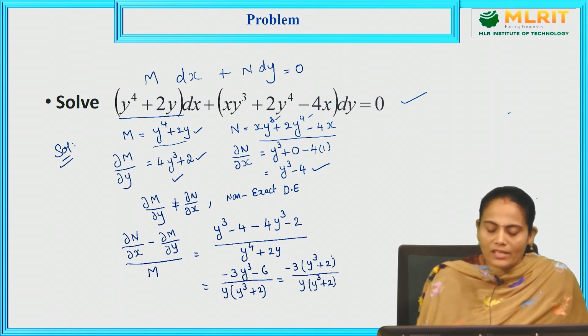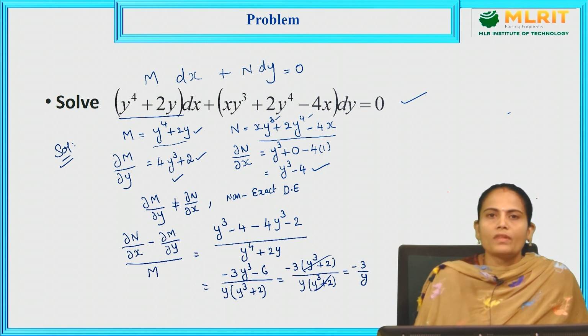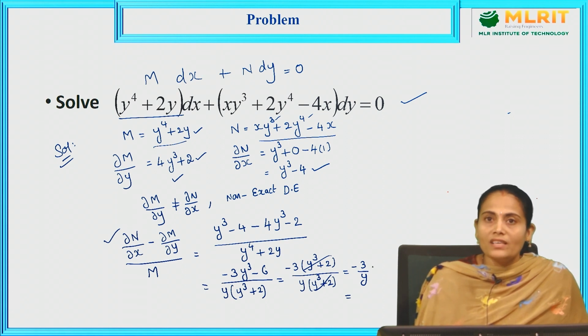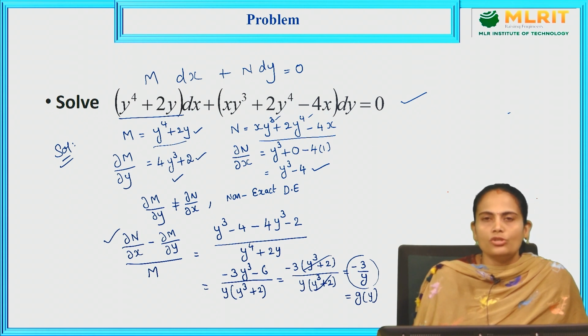Cancelling the y cube plus 2 terms in the numerator and denominator gives minus 3 by y. So observe that (∂N/∂x minus ∂M/∂y) divided by M is equal to minus 3 by y. Here we are getting only a function of y, which we call g of y.